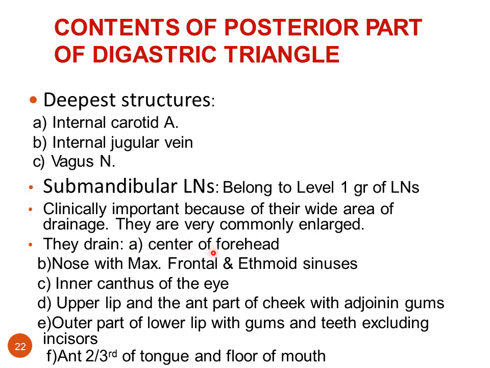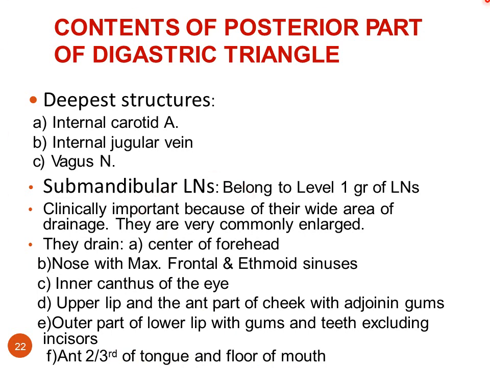They drain the center of the forehead, nose with maxillary, frontal and ethmoid sinuses, the inner canthus of the eye, upper lip and anterior part of the cheek with adjoining gums, then outer part of the lower lip with gums and teeth excluding the incisors, and anterior part of the tongue and floor of the mouth. This is very important.